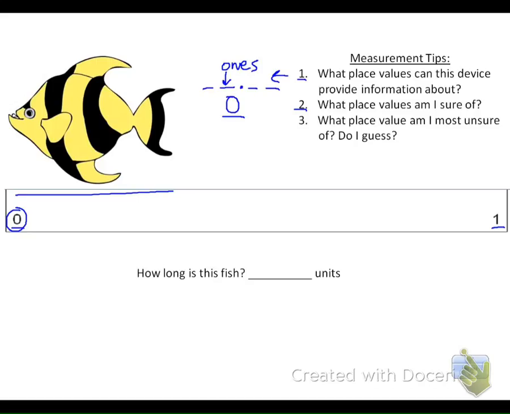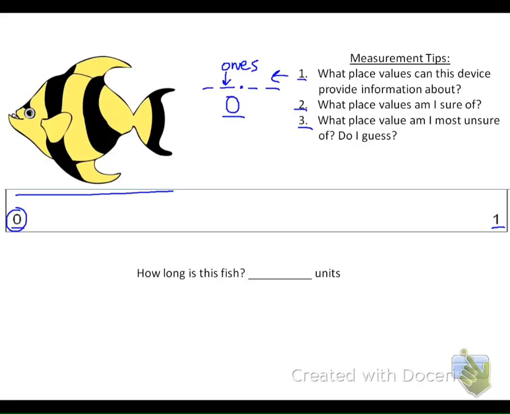Okay, on to our third tip. What place value am I most unsure of, and do I guess? Well, we've been talking about the ones place with this fish and how much information this ruler tells us about that place value. So we can't tell anything bigger, and we really can't tell anything less, but we have to make some determination. I can't just say 0 because that doesn't make sense.